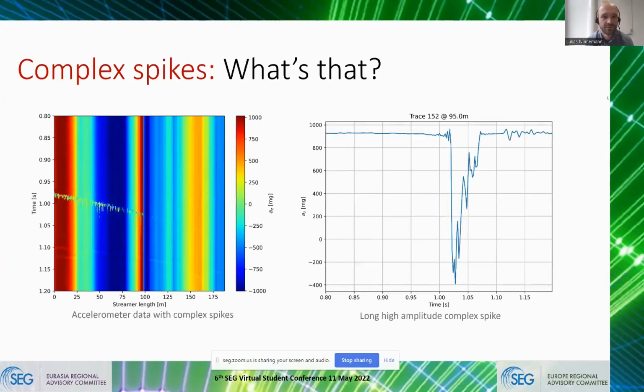Now we have to look at the data those spikes are actually in, and those are accelerometer data, so sensors that measure acceleration. You can see here on the left typical data of that. They reach from gravity to minus gravity, so they measure the gravity too.